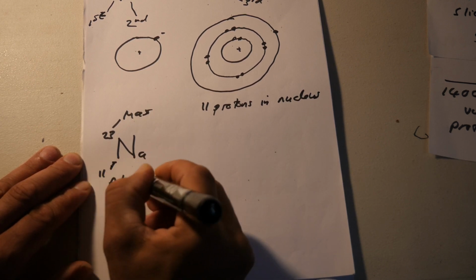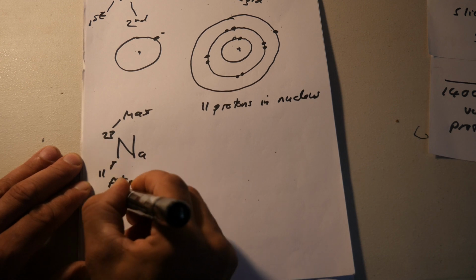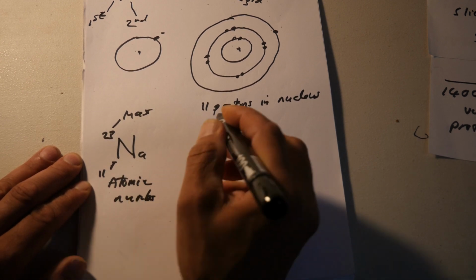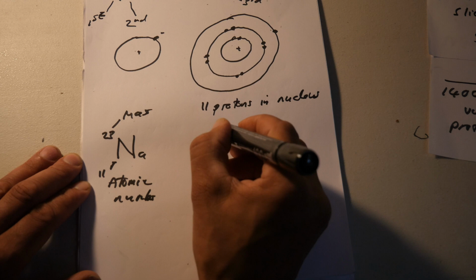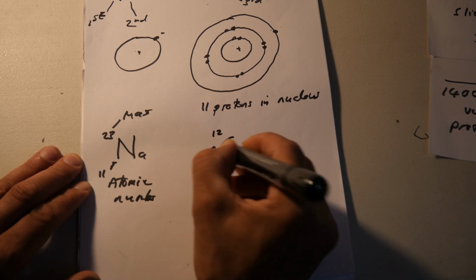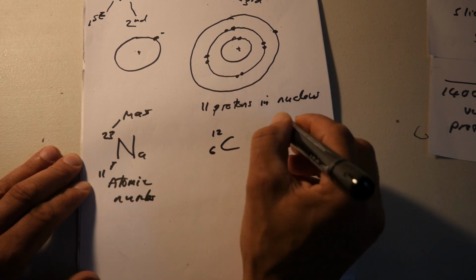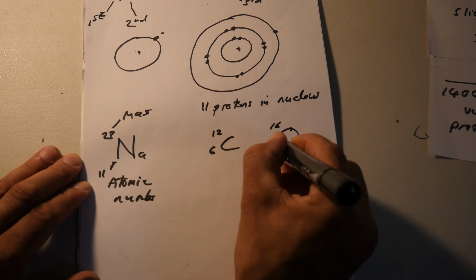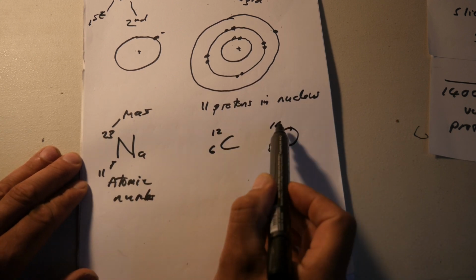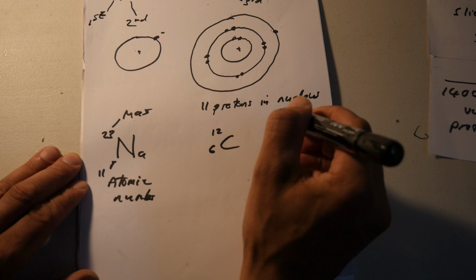Carbon is 12, 6, okay. Oxygen is 16, 8, okay. So that's the mass, that's the atomic number, okay.